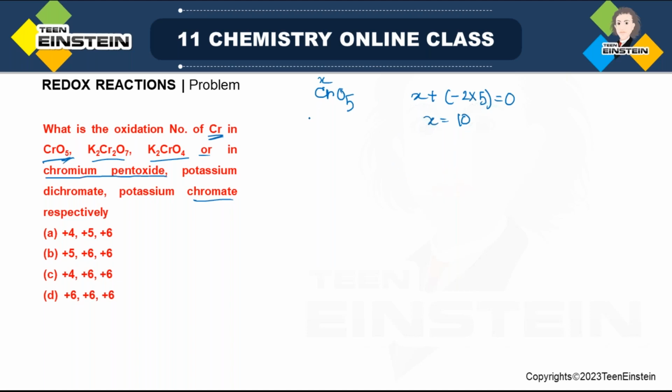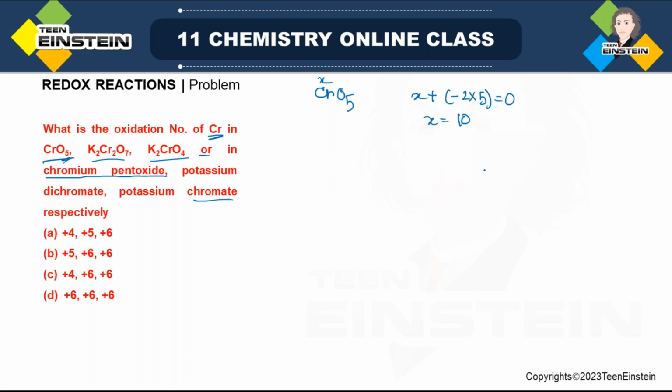If you consider the electronic configuration of chromium, there are not so many electrons present that it can lose. Its atomic number is 24. So the configuration is basically 4s2, 3d4. So 10 electrons, it is not a possible oxidation state.